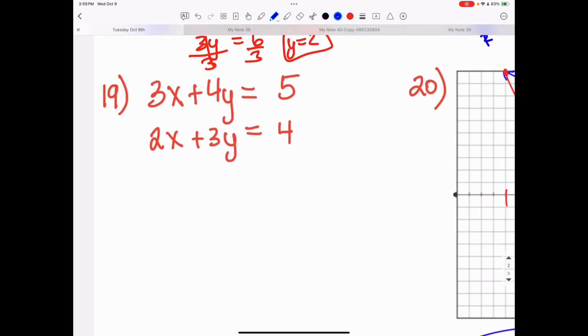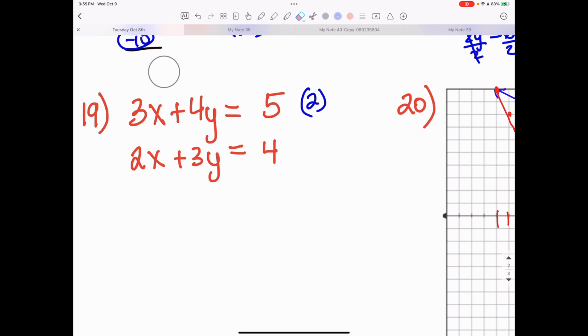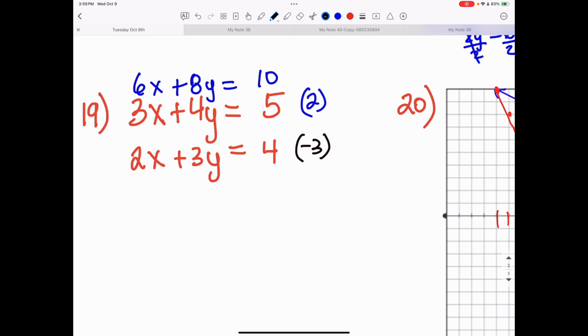All right, this is the hard one. I can't turn 2s into 3s and I can't turn 3s into 4s for the x's or the y's to kill each other off, but I'm going to turn both x's into 6s. So I'm going to make this guy twice as big. And that will turn this line into 6x plus 8y equals 10. And I'm going to make this guy negative 3 times bigger. Why negative 3? Because when you multiply by a negative, it switches you from positive to negative or negative to positive. So 2 turns into 6 because I'm multiplying by 3, but it goes from positive to negative.